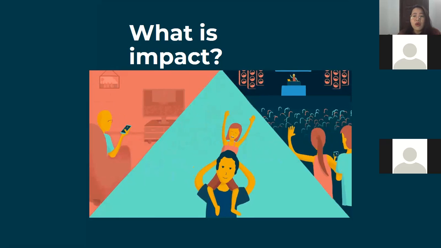Now you're thinking, why is impact important? Impact is the benefit of research to society outside of academia. Research contributes to the world in many ways. It improves our health and well-being, creates economic prosperity, enhances our cultural lives, and improves environmental sustainability, to name just a few.